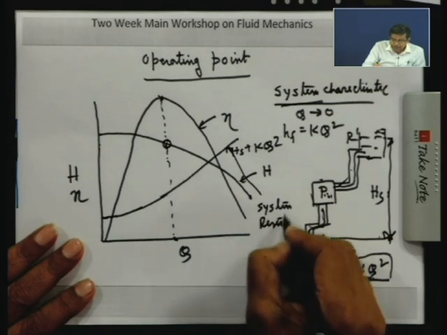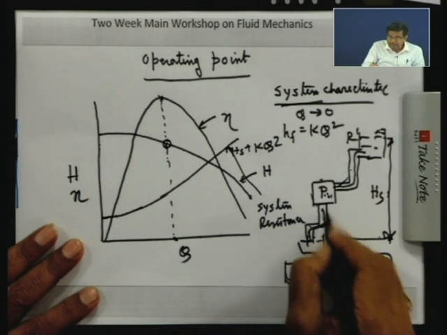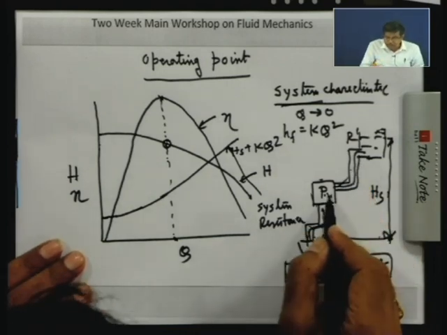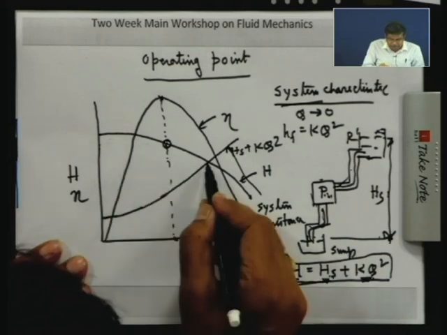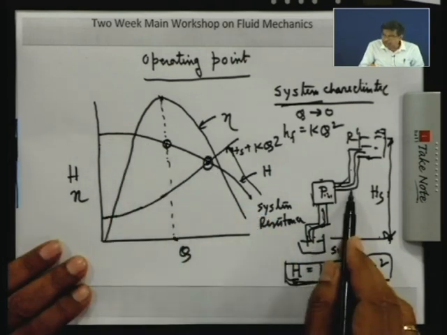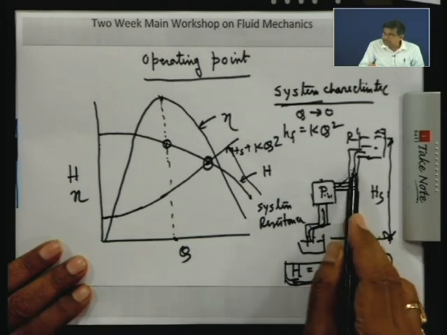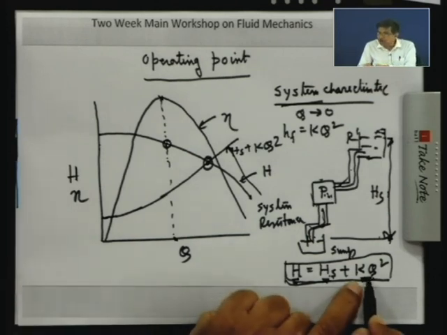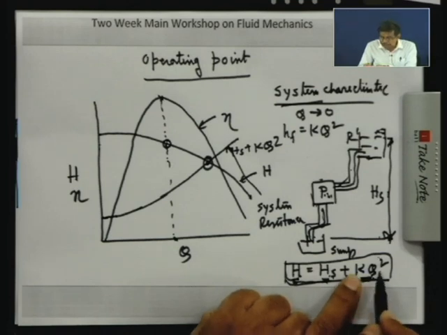So, when a pump is attached to the pipeline for its operation, the operating point will be judged by the intersection of these two, because the head delivered and the flow rate must match the pipeline system also. The head delivered must overcome the frictional loss, and this frictional loss must follow the friction law, that is, the loss of friction is Kq square.